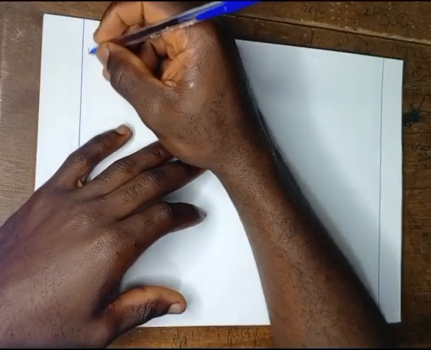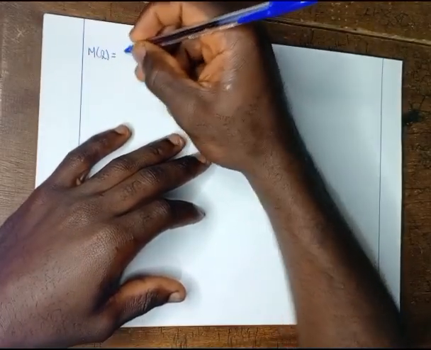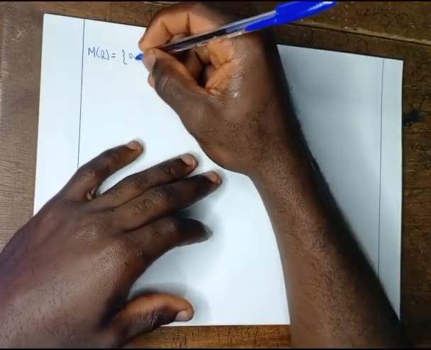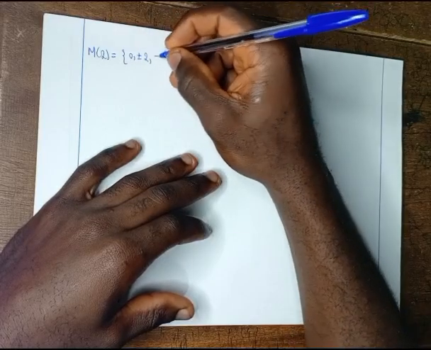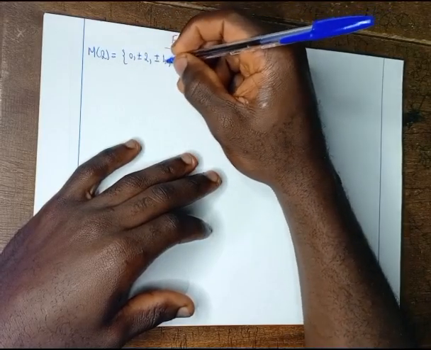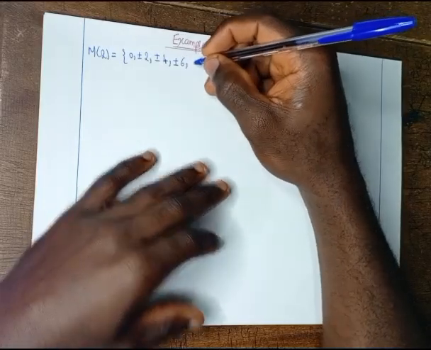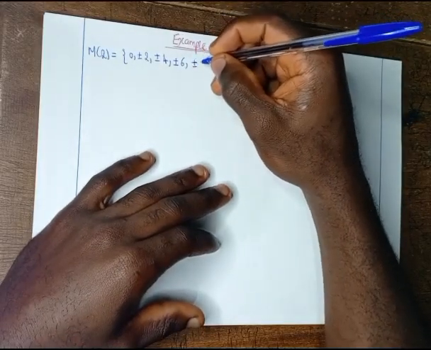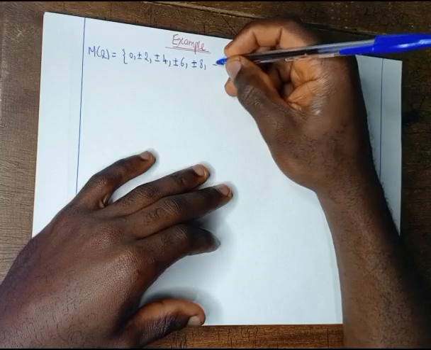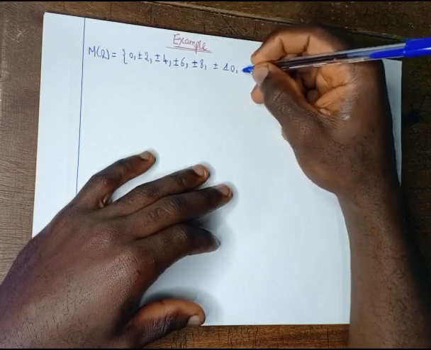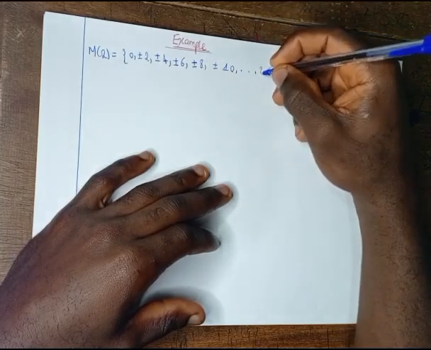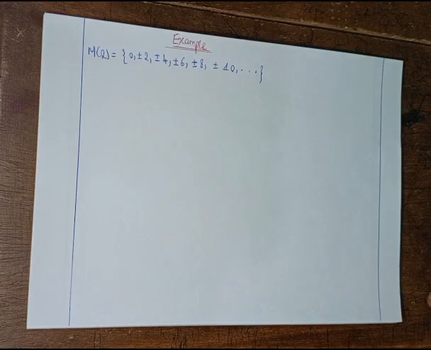Now let's take an example. Let's write down the multiples of 2. The multiples of 2, we have 0, plus or minus 2, plus or minus 4, plus or minus 6, plus or minus 8, plus or minus 10. We have 3 dots indicating that it is an endless set.